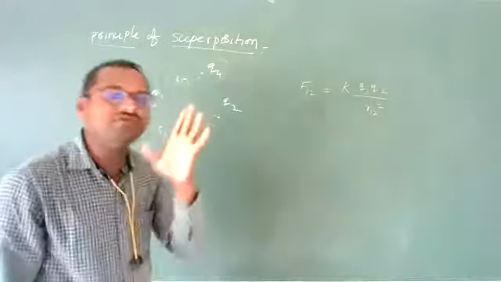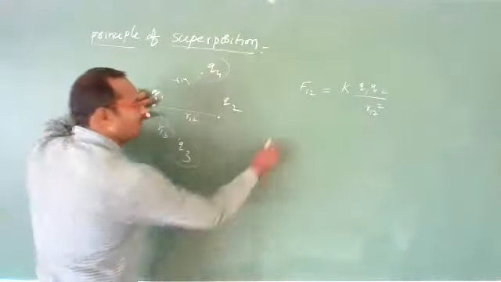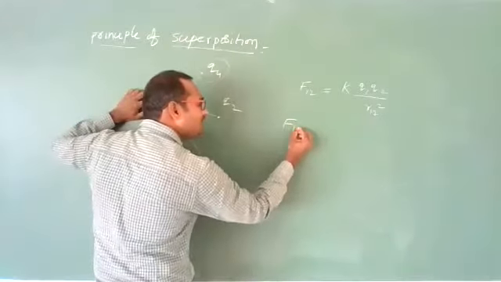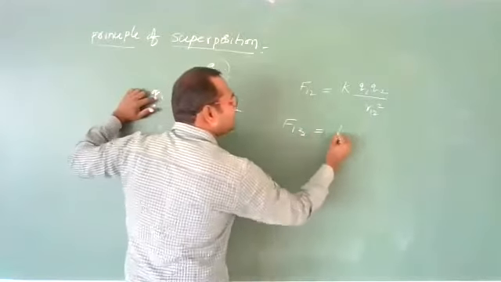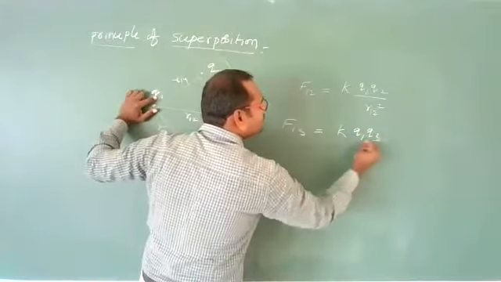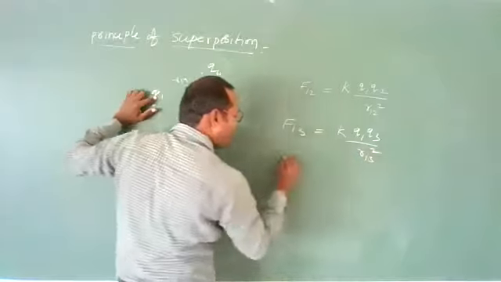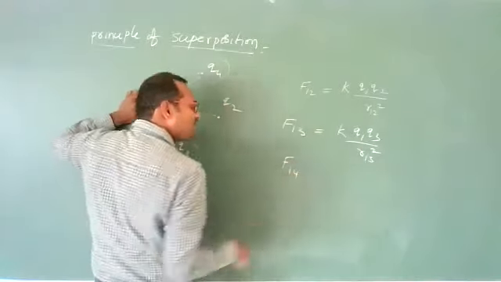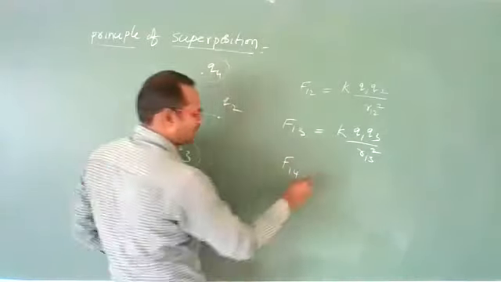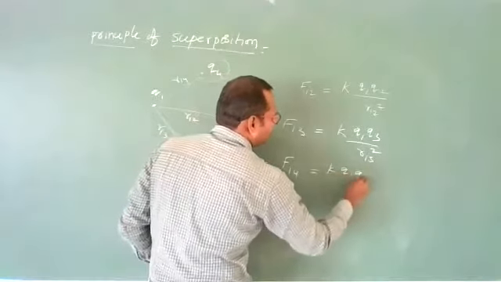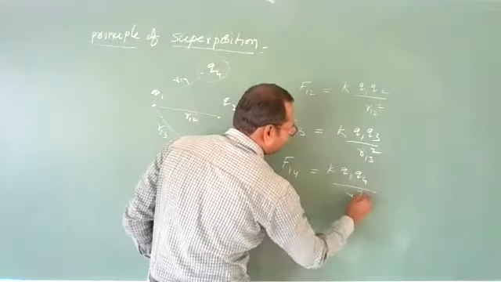But net force on one charge: the force on charge 1 due to the third charge is K Q1 Q3 by R13 square, and the force on it due to the fourth charge is K Q1 Q4 by R14 square.